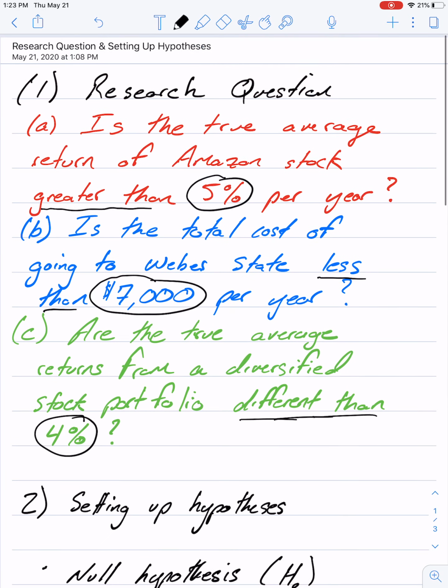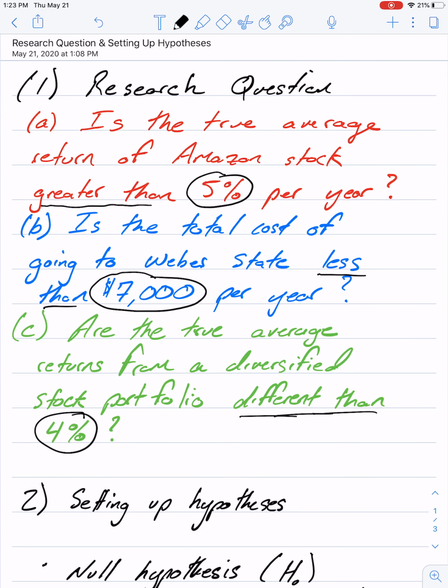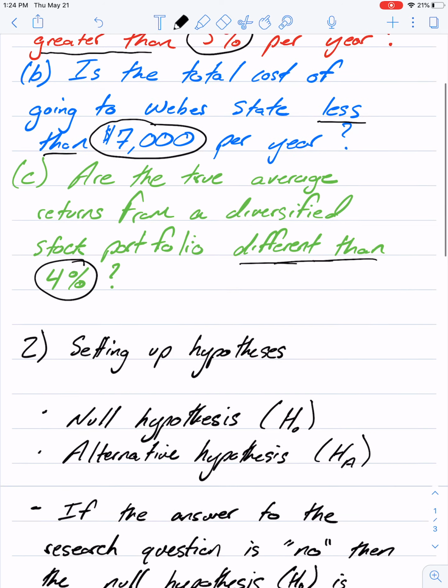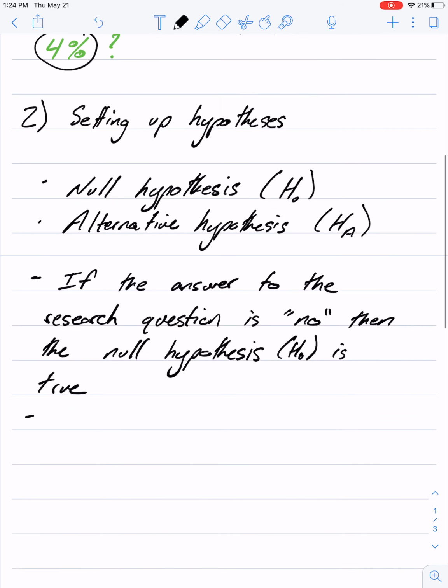So if we go do our analysis and decide no, the answer to A is no, that Amazon stock is not greater than 5% per year, that would be the null hypothesis is true.